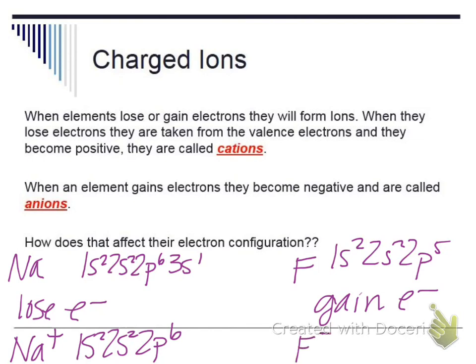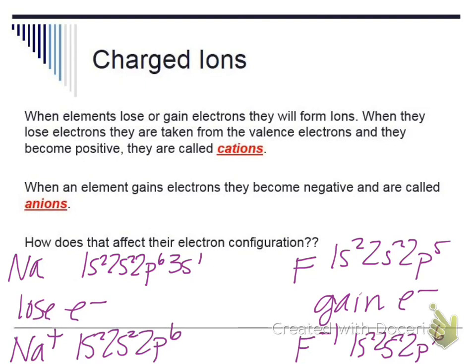You can just do minus or you can do -1. Either way. Okay? -1 charge. So now we add an electron, so it is 1s2, 2s2, 2p6. So it now also has the same electron configuration as neon because it gained an electron, which is what they're trying to do. They're all trying to get to 8 in their outer shell.